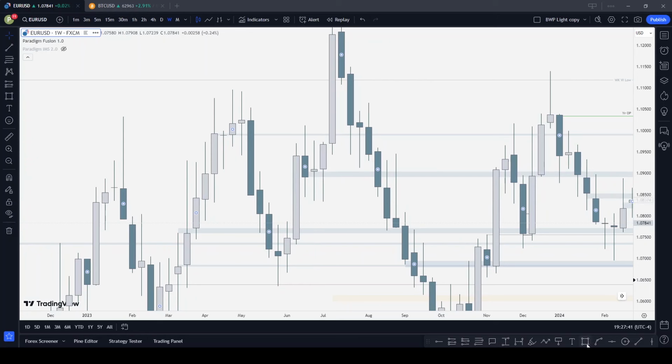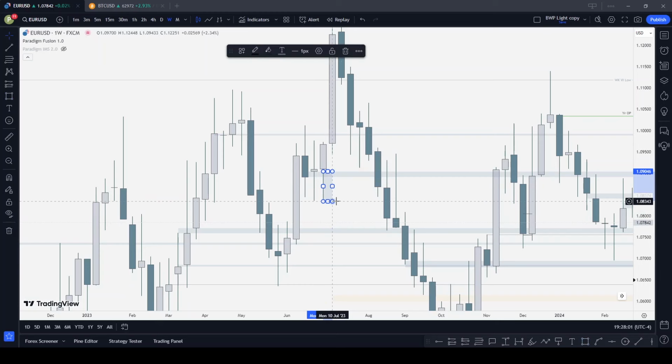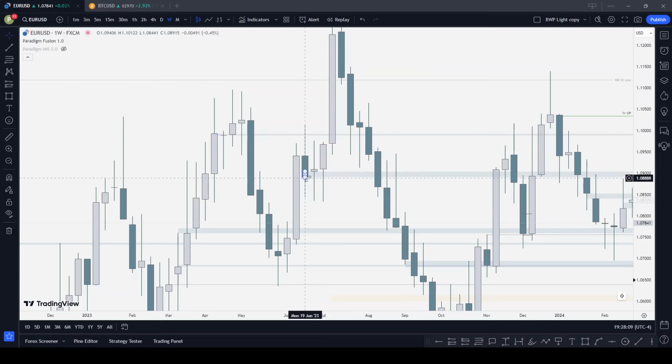So on low time frame, or on the daily, or whichever time frame you are using to trade, once you see price is inside the new week opening gap or below it, no matter how far down it comes, typically by the end of the week the algorithm will push price back up on the first return. So this is the first return into the new week opening gap, right?